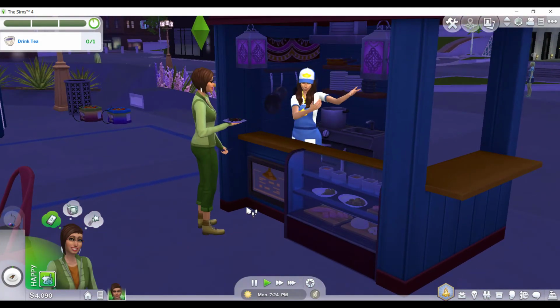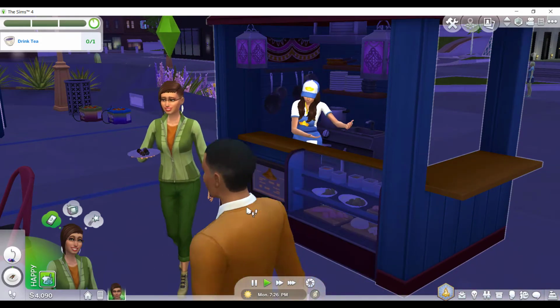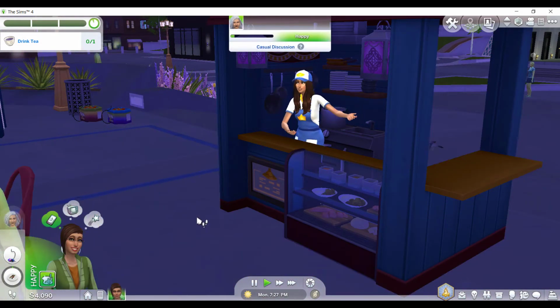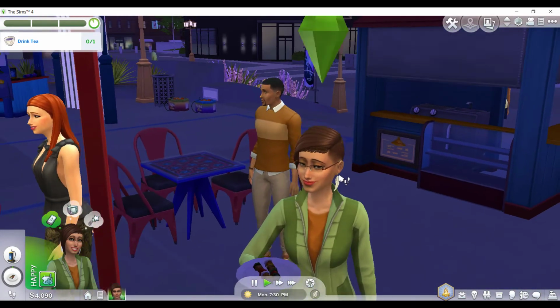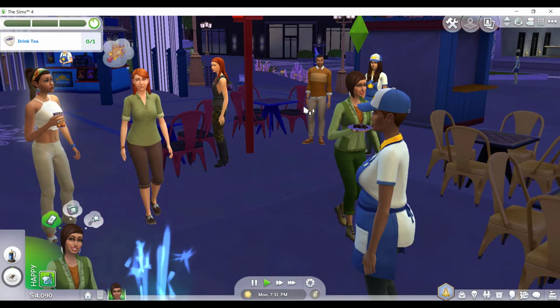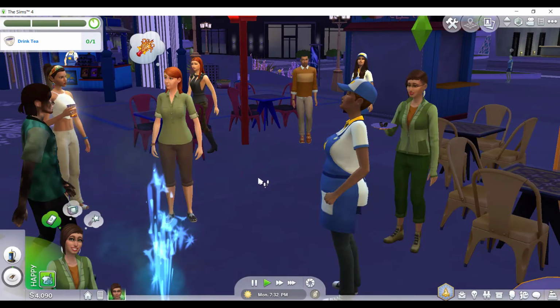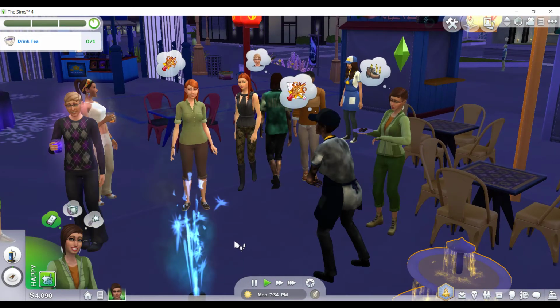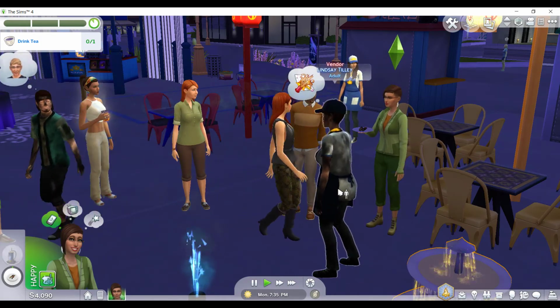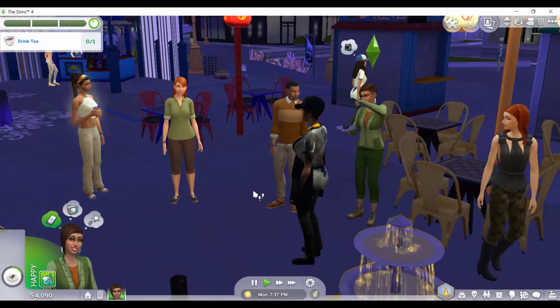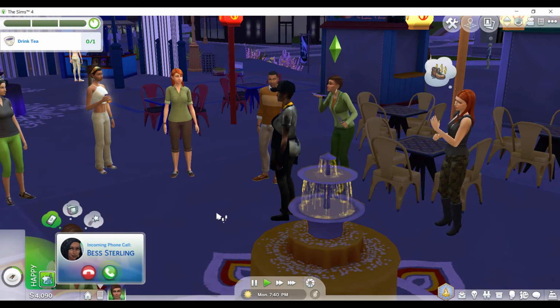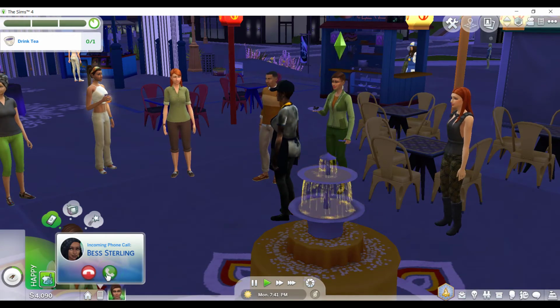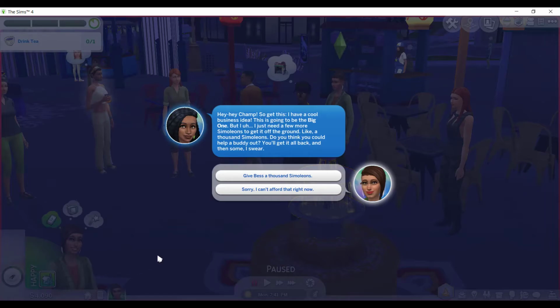I don't know. I'm not sure. Probably some kind of Asian dish that she's eating. Who knows? So looks like she's trying to find some place to sit. Firecrackers. I can see this one has nearly blown up itself to smithereens. That is so stupid. Bess is calling. Let's see what she wants. She says, I have a cool business idea.